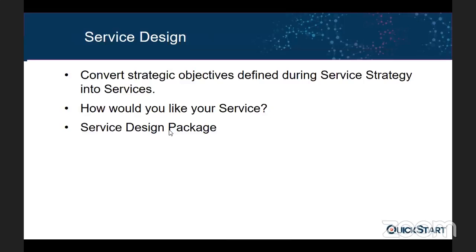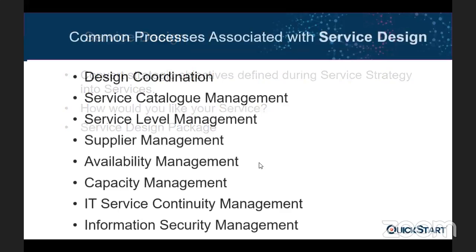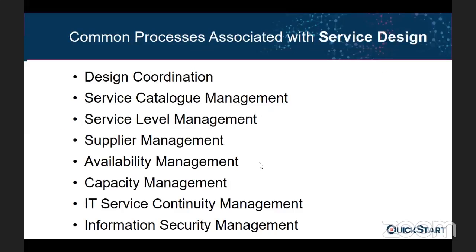And then we also create a service design package, which is a document that addresses different aspects of the service. This is a document we can refer to at any stage of the service, not necessarily in service design.